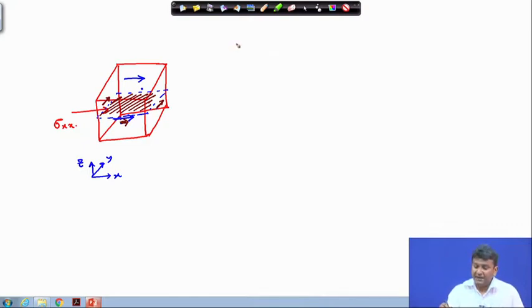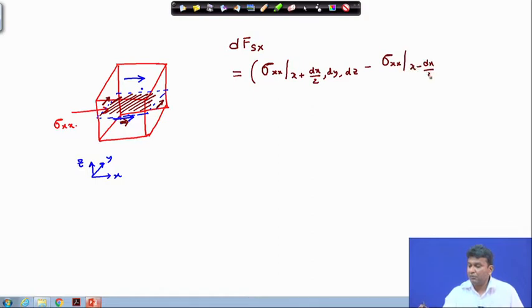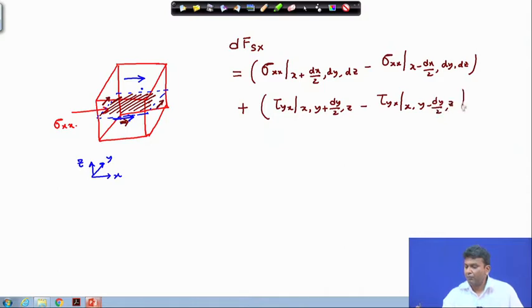So, we can make a balance, coming back to the x component, we can make a balance of the stress terms, which are the normal stresses plus the shear stresses, right.